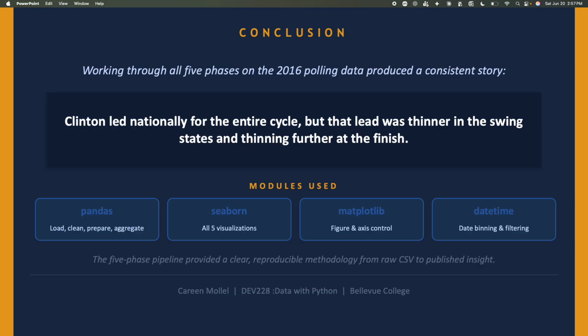This project used Pandas for every phase of loading, cleaning, preparing, and aggregating the data. Then I used Seaborn for all five visualizations, Matplotlib for figure and axis control, and the datetime module for dates, binning, and filtering.